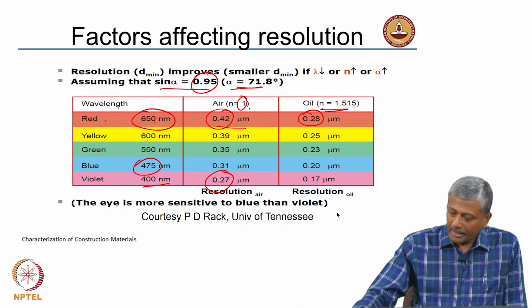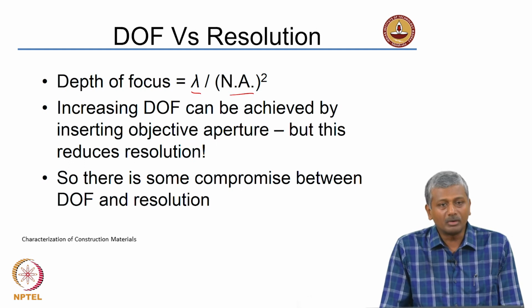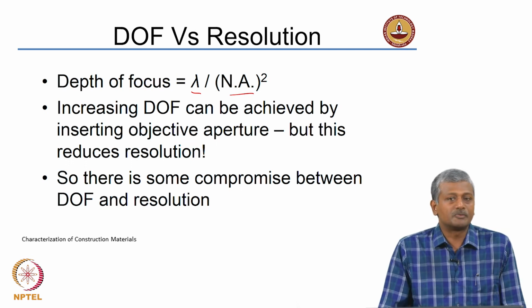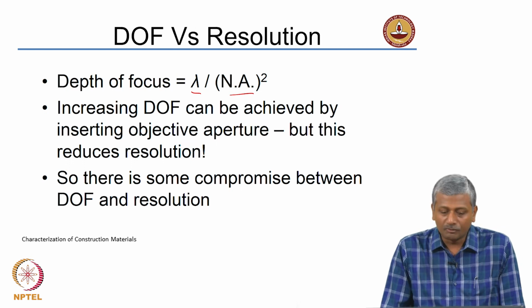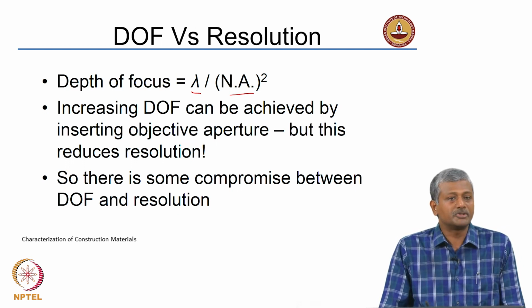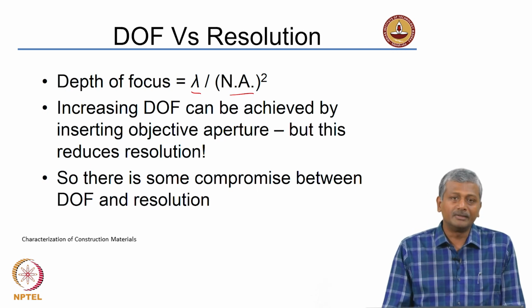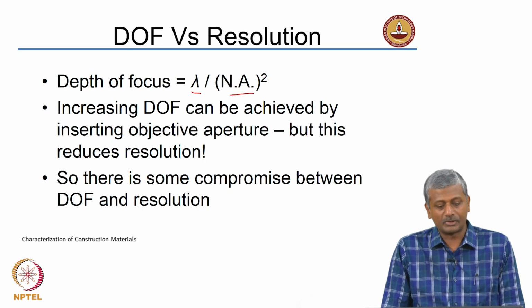We also talked briefly about the fact that if you want resolution, you may have to compromise on depth of focus. There is a compromise between depth of focus and resolution. Increasing the depth of focus can be achieved by increasing the objective aperture, which means you are letting in more light, but we learnt earlier that increasing the aperture width will decrease the resolution.